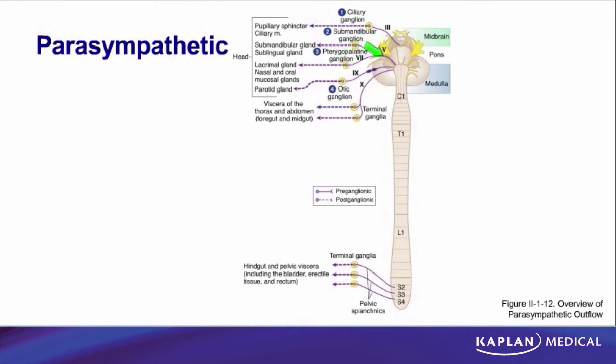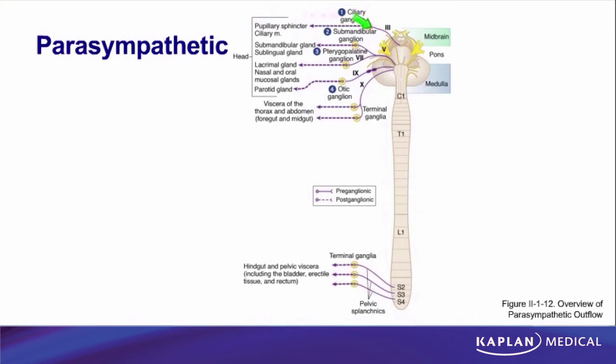So for the preganglionics in cranial nerve 7, the facial nerve, they either synapse in the submandibular ganglion or in the pterygopalatine ganglion. Okay, so that's the preganglionic part of the story. And then the postganglionic part of the story is that from those ganglia, postganglionics go to their end organs. And there aren't a lot of end organs to deal with.